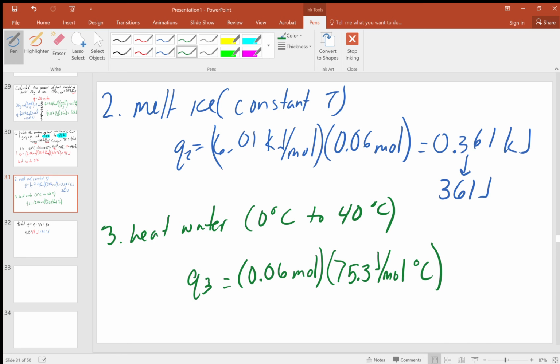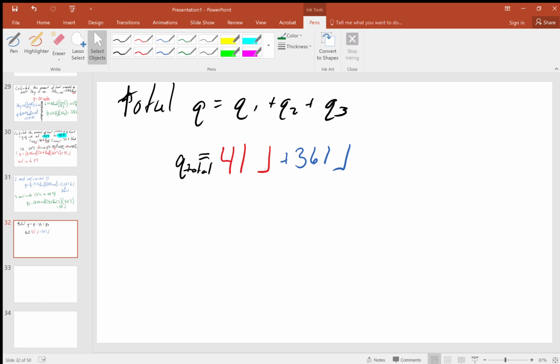Now we have 75.3 instead of 36. Change in temperature here is 40 degrees, and we get 181 joules. So we add that one in here, and we can sum all of those up, and we get a total of 583 joules.